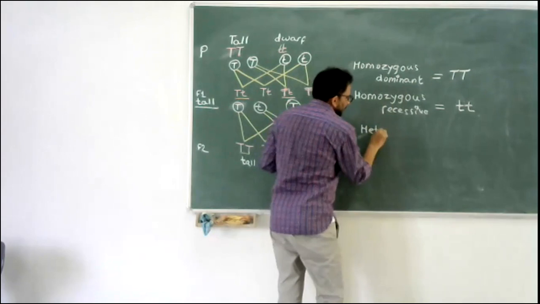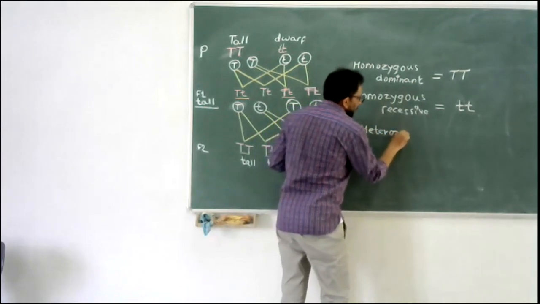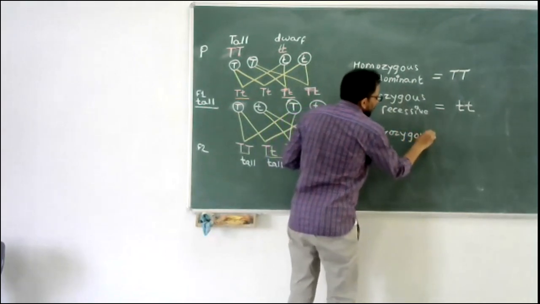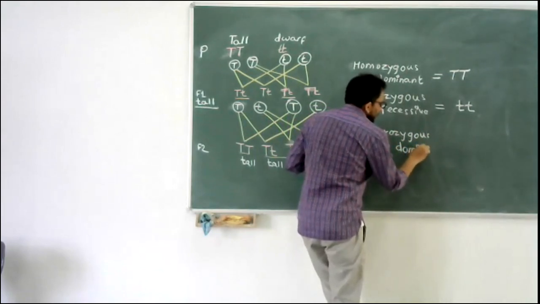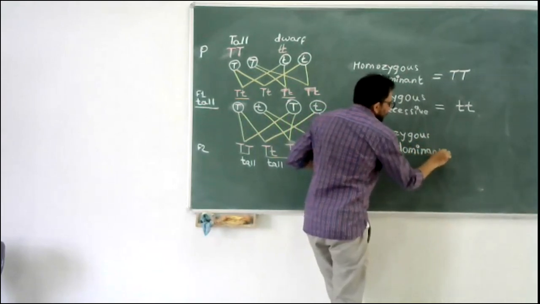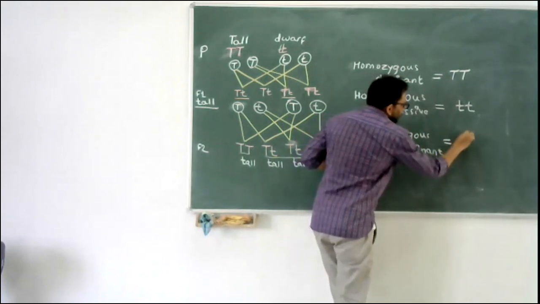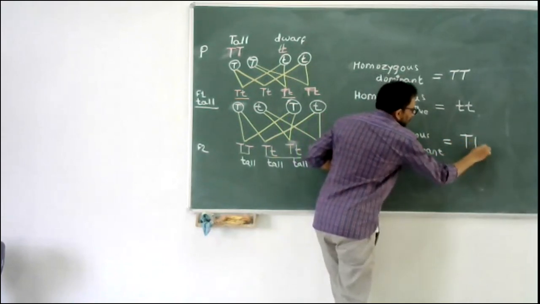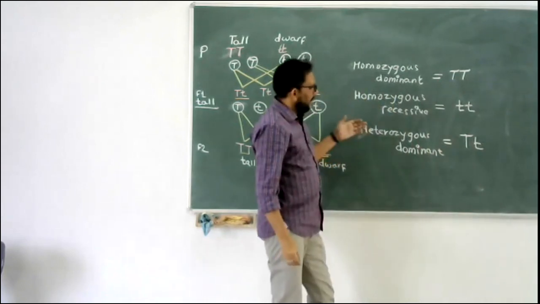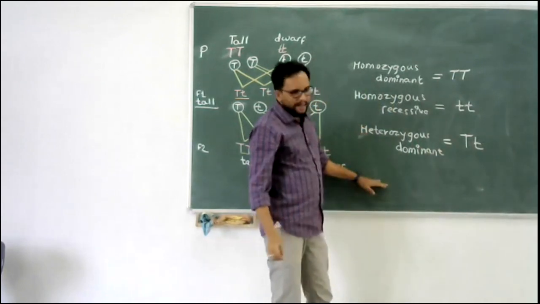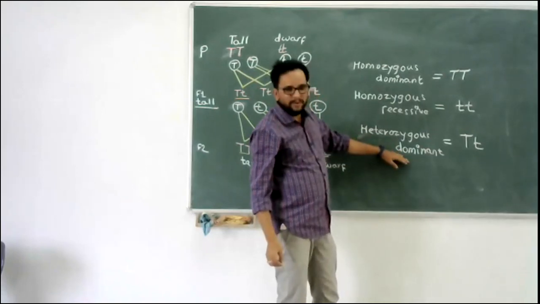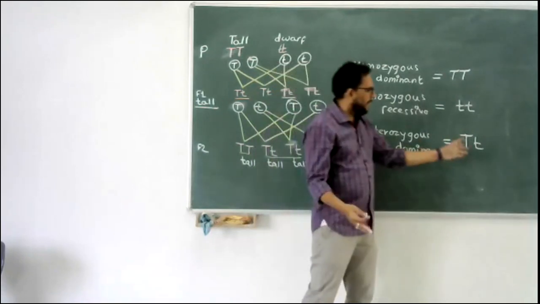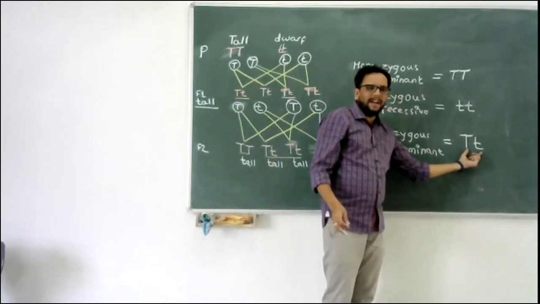heterozygous, which means two different alleles. So heterozygous dominant in this case will be capital T, small t. Now, if we write next heterozygous recessive, it can't be, because heterozygous means two different alleles.